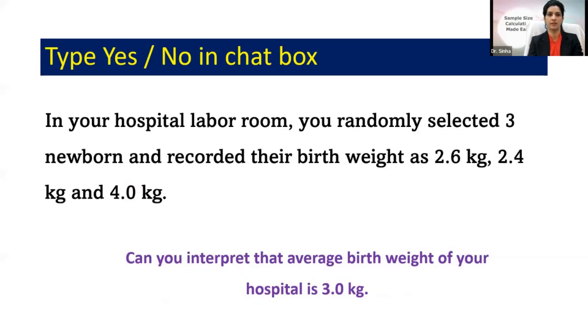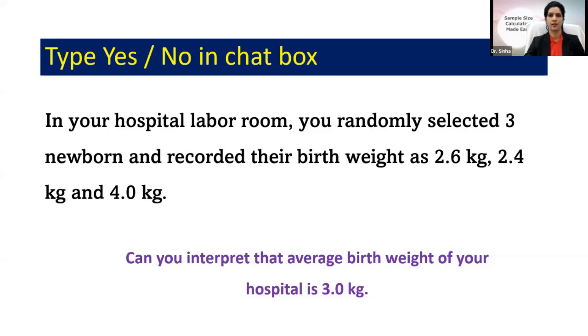Now see this question. In your hospital labor room, you randomly select newborns and record their birth weight as 2.6 kg, 2.4 and 4 kg, and you have to say what the average birth weight is. Can you interpret that the average birth weight of your hospital is 3 kg?